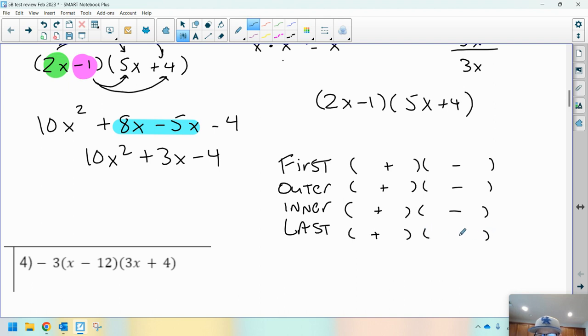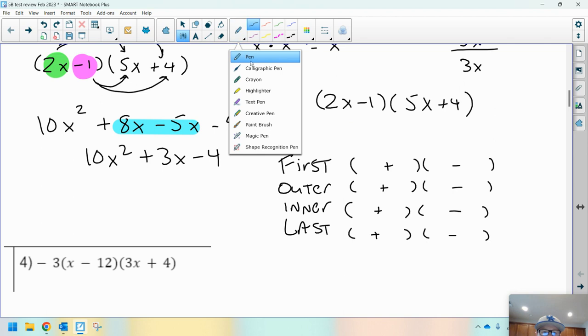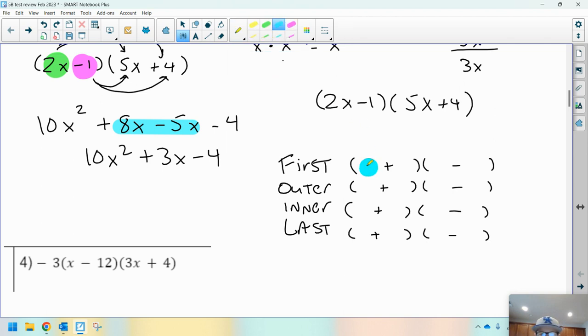Don't get this confused with the difference of squares that we're going to do later. So I just want to show you the positions of the first. The first means these spots here, which is 2x and 5x. Those are the first because they're the first in the parentheses. So if you multiply first times first, that's going to give you the 10x squared.